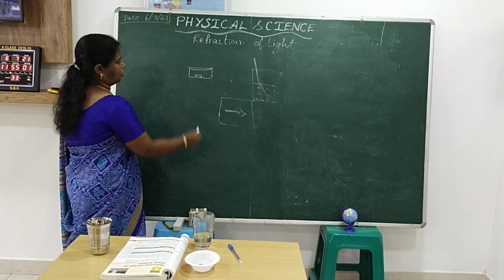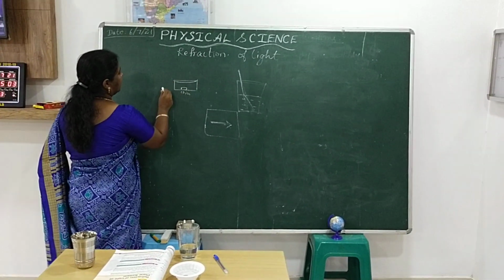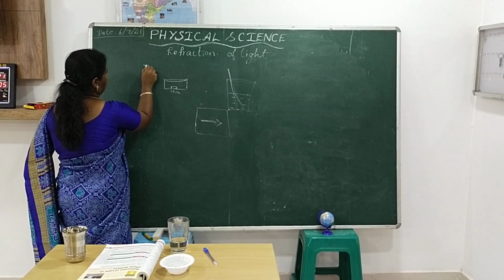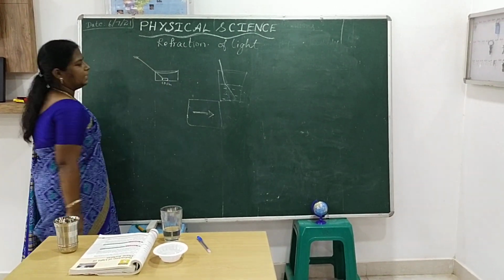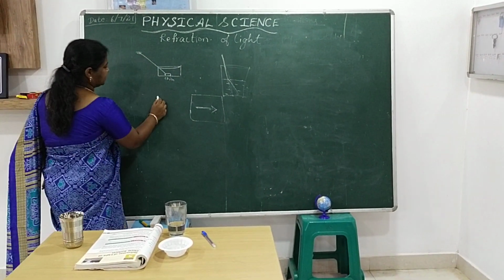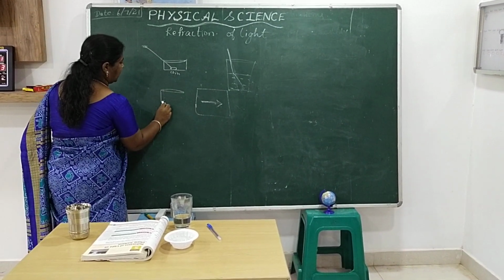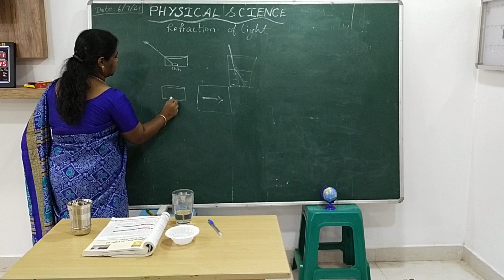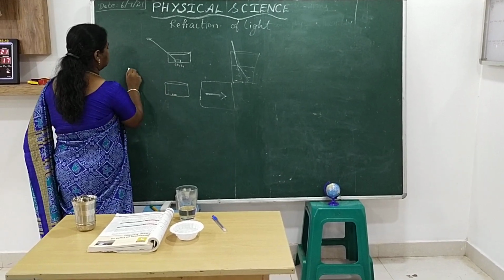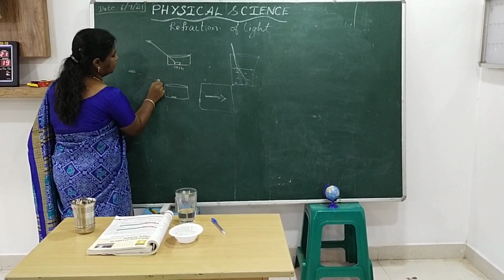Imagine this is your coin and you are able to see the coin at first in this direction. Now move to the other end diagonally in such a way that you are unable to see the coin.